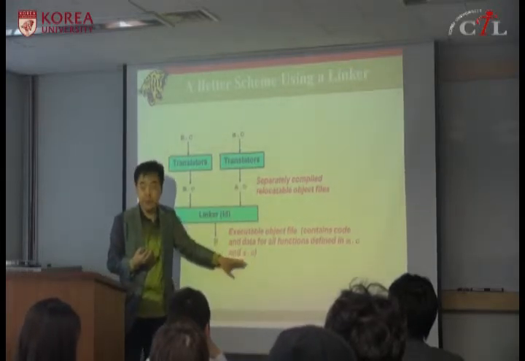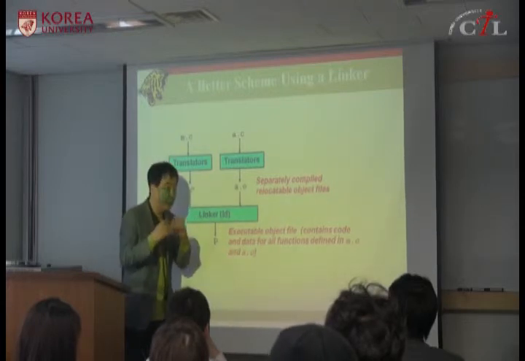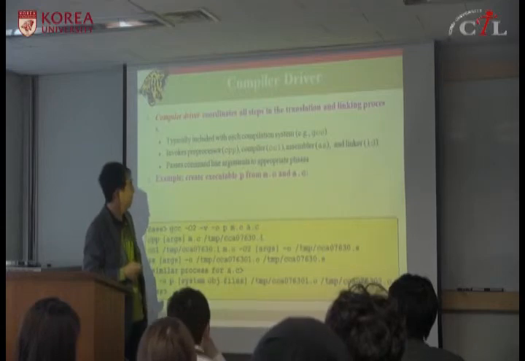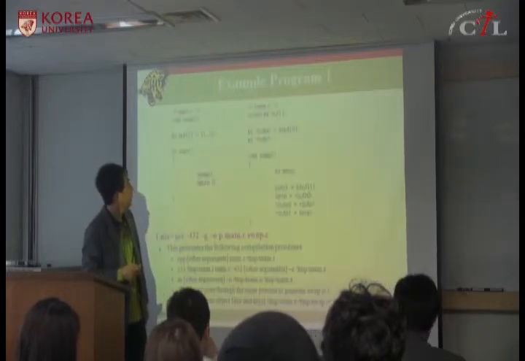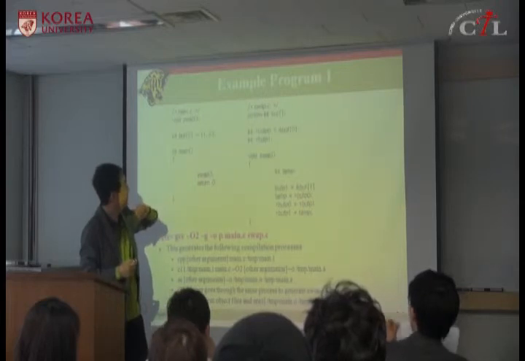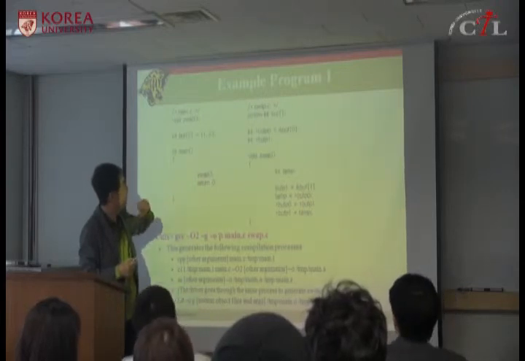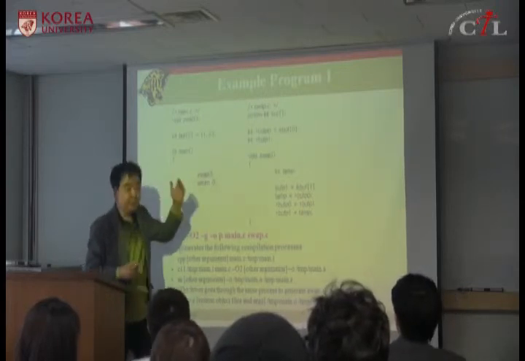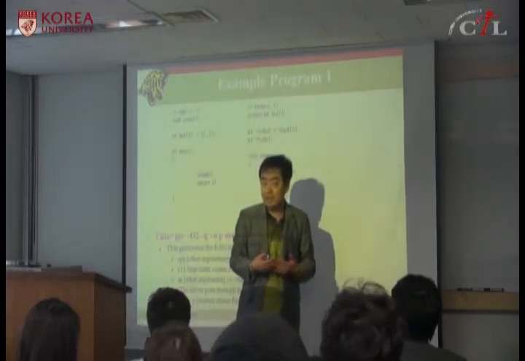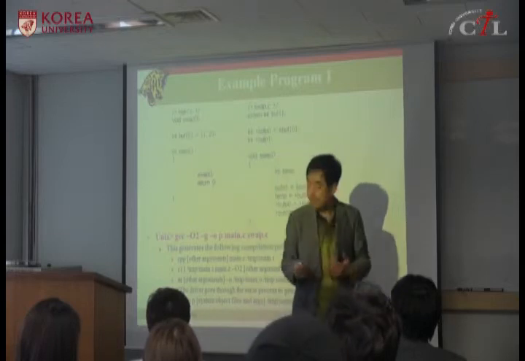But to produce an actual executable, you have to combine them all. And this is called linking. So here, if you have this example, the linker should find out which symbols they have to relocate, right? There are some symbols and so on.